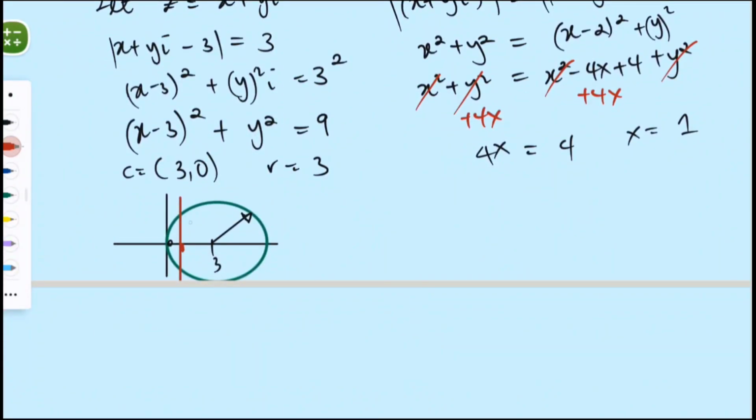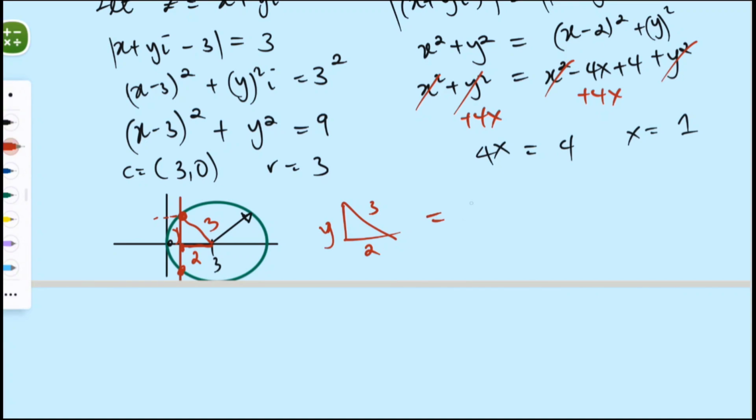Next part says, obtain the complex numbers corresponding to the points of intersection of these loci. This is where they intersect, right over here and right over here. So we have to get those points. Keep in mind the distance between the center and the line is 2. Therefore, the hypotenuse should be 3 as well, because it's the distance from the center to any point of the circle.